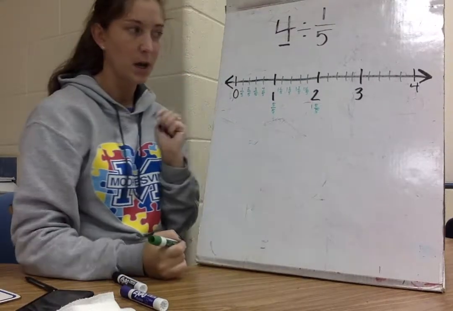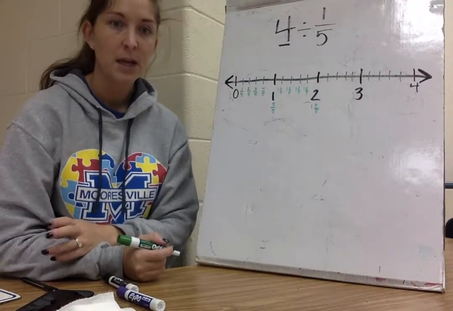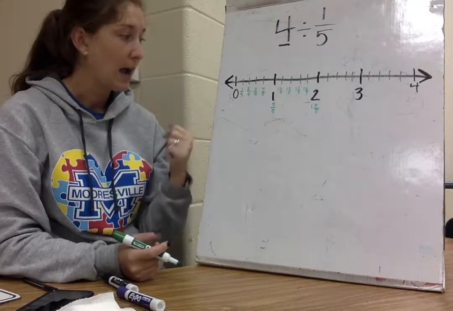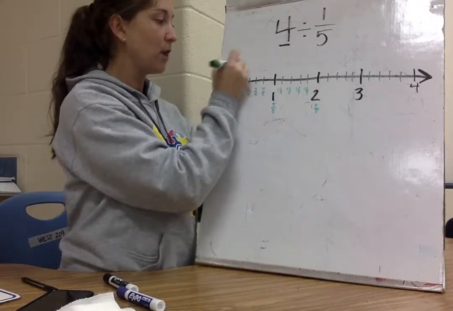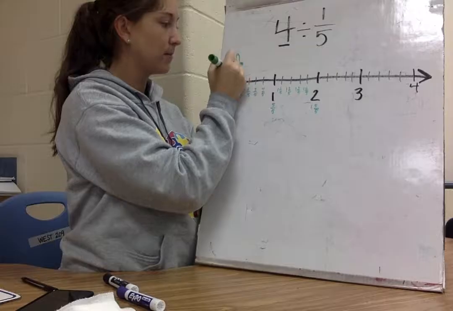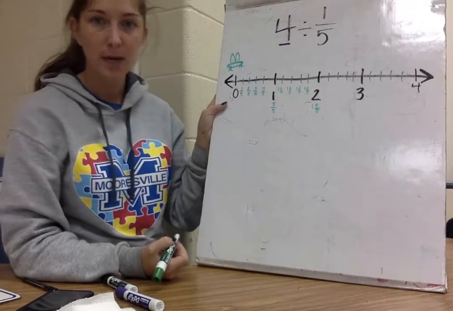Okay, so on and so forth down the line until we got to 4. Now, in order to find my quotient from the number line, I have to see how many hops I have to take. So I use a frog in order to demonstrate that. And my frog is going to hop down my number line.